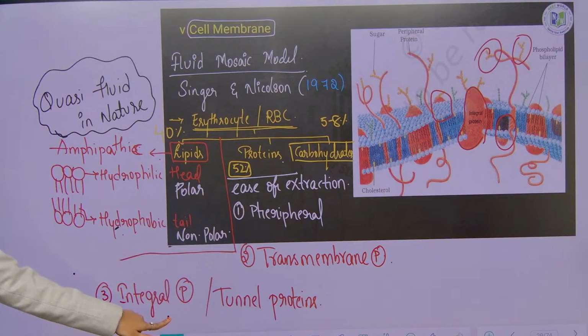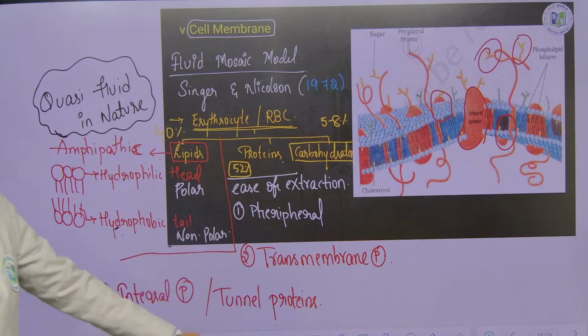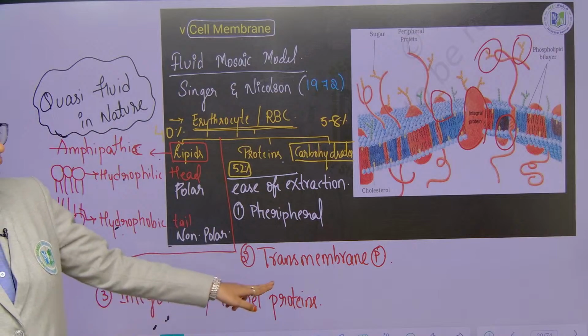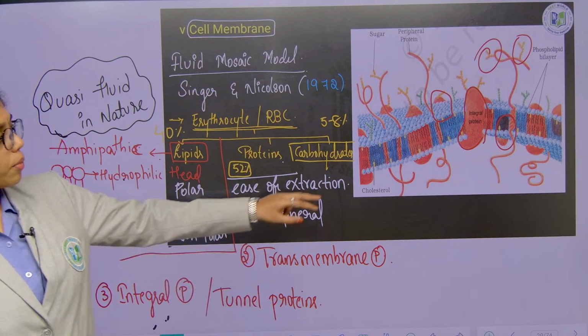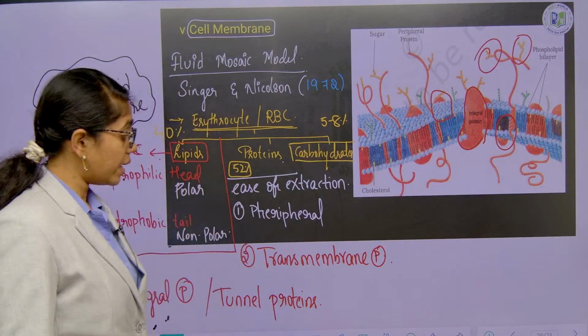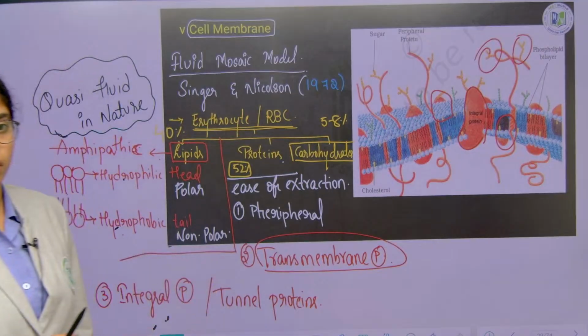So, as integral proteins transpan both the sides of the lipid bilayer, can I say all integral proteins are transmembrane proteins? Yes, right. All integral proteins are transmembrane proteins because they transpan both the sides of the lipid bilayer. But all transmembrane proteins are not integral proteins.